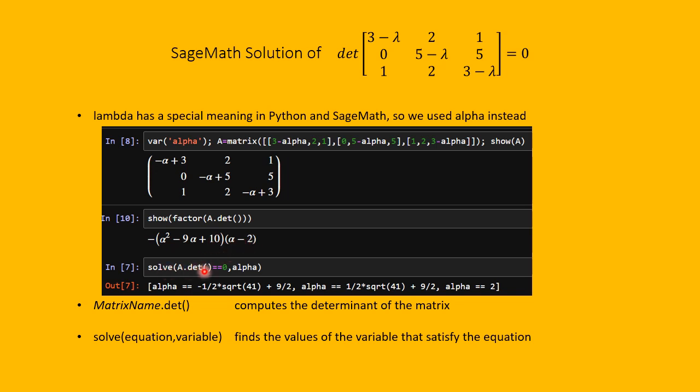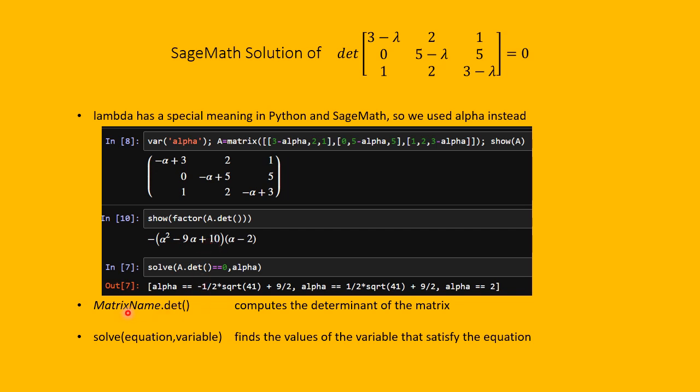When we solve that determinant equal to 0 for alpha, we get alpha equals 2 from this factor, and we get 2 more solutions. Alpha is 9/2 minus 1/2 the square root, and 9/2 plus 1/2 the square root as the other 2 solutions to this quadratic factor equals 0.